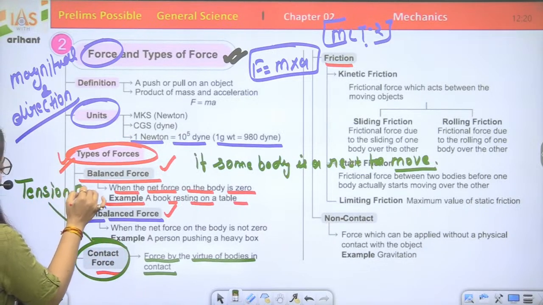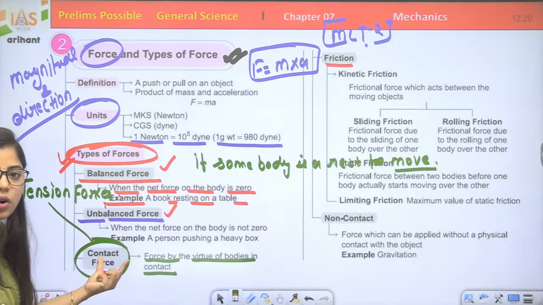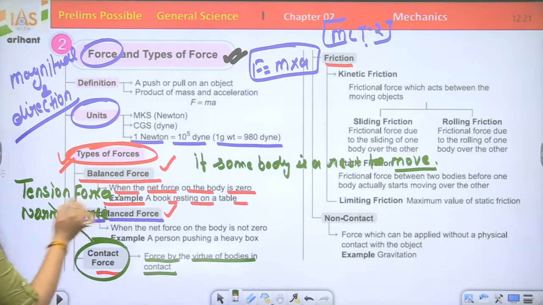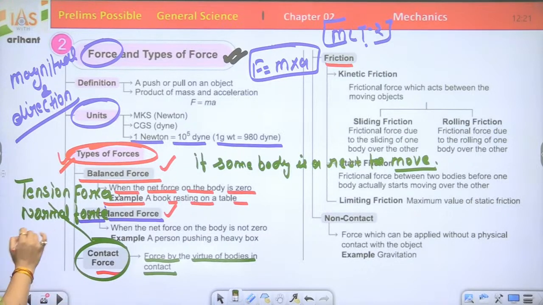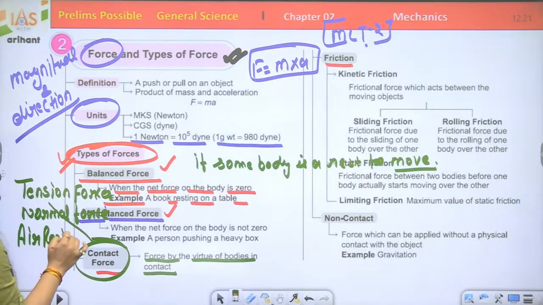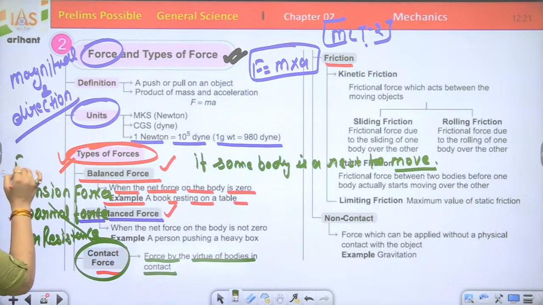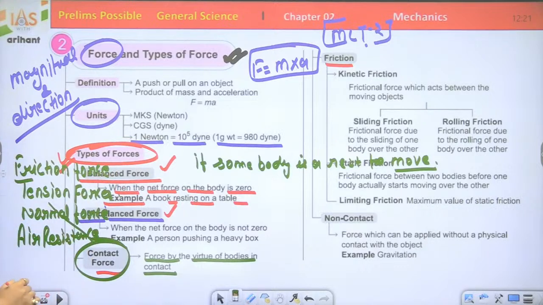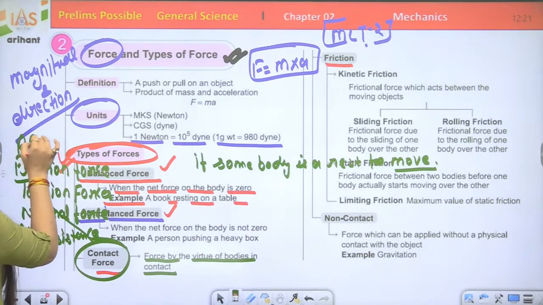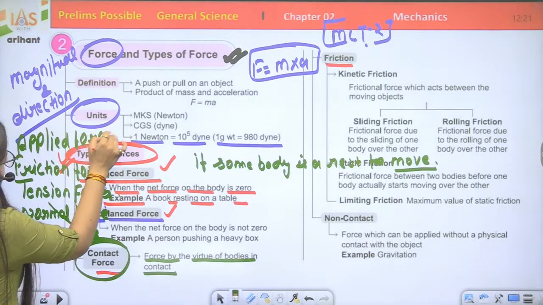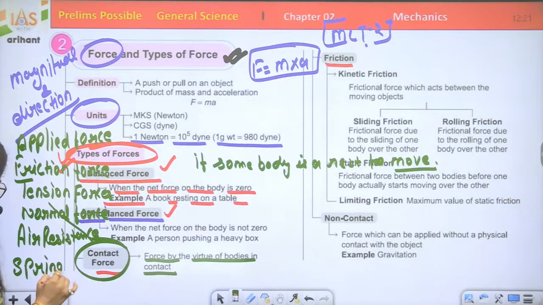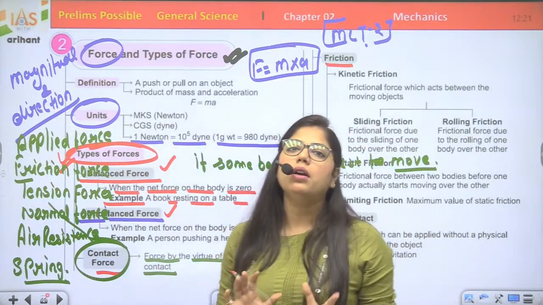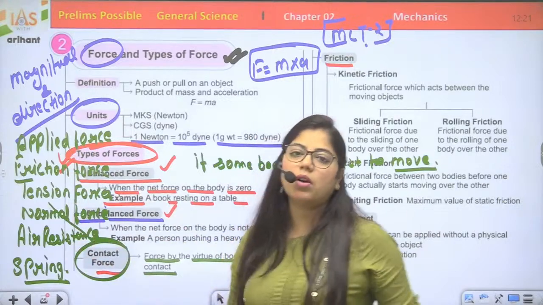These are the subtypes of contact forces.